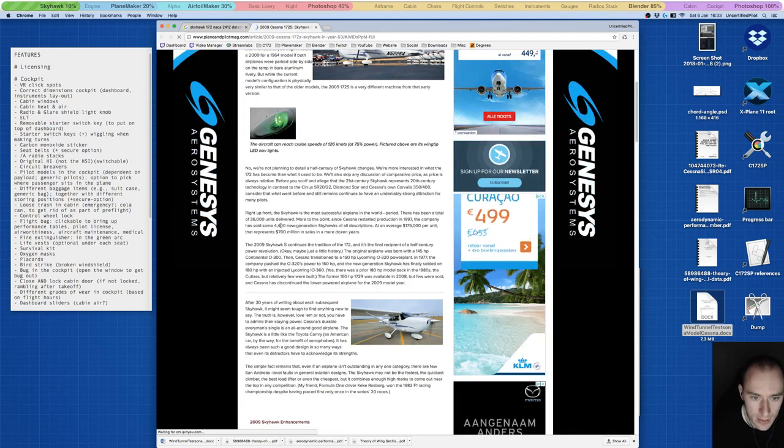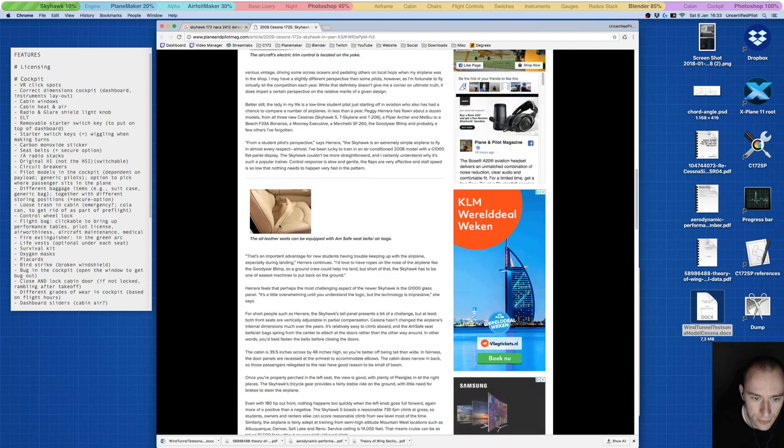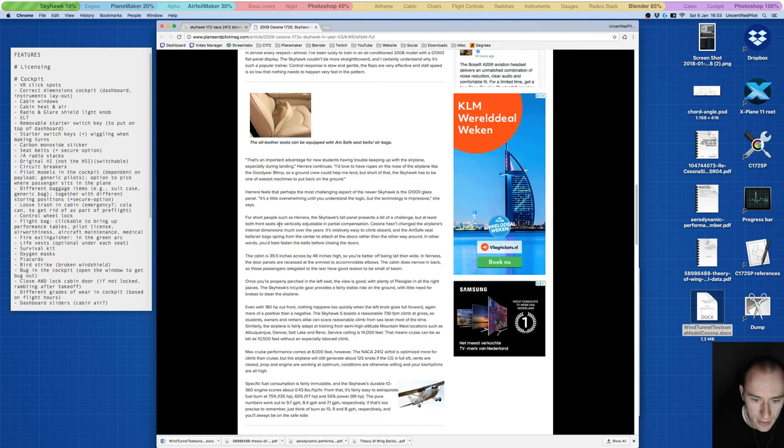Cessna 172S. Yeah, I think there's just something mentioned about NACA. The NACA 2412 airfoil is optimized more for climb.